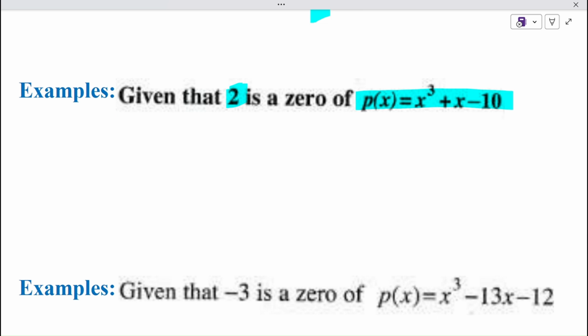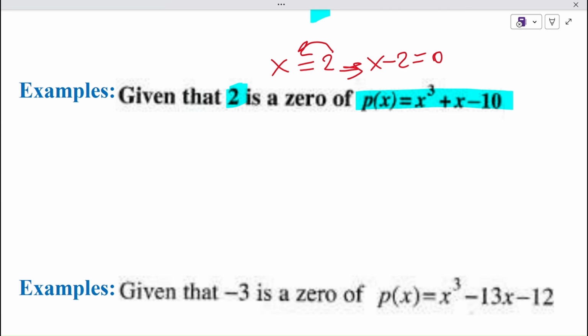It means it's a factor of this polynomial. You can write x is equal to 2. So just put down this 2 on the other side of the equality. This becomes x minus 2 is equal to 0. So you can use long division here, or you can use the synthetic way.